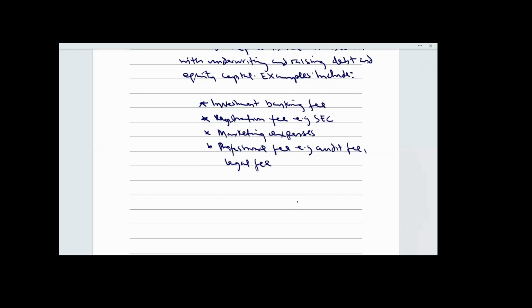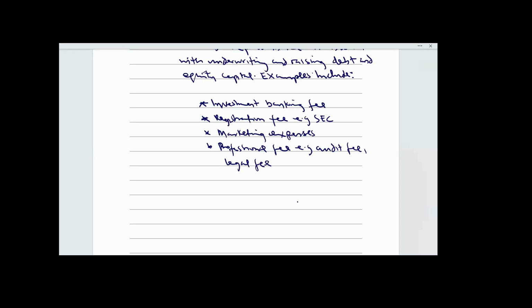So the auditor that will review and provide opinion on your financial statement will need to be paid. Not only that, the lawyers will also need to work on the offering. We need to work on what are the legal considerations relating to the offering. So of course, it's not for free. You need to pay the lawyers as well. So these are some of the costs associated with issuing costs.